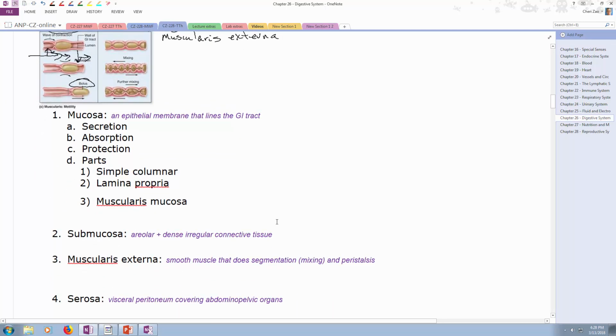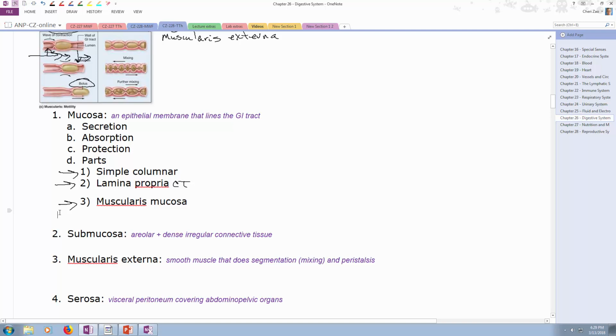Our definition of mucosa: an epithelial membrane that lines the GI tract. It's going to have an epithelium, it's going to have CT, and it's going to have this muscularis mucosae, which is what type of muscle? Smooth muscle. We're in the GI tract, so it's all smooth muscle once you get into the stomach. We'll talk a little bit about the esophagus construction, which is a little bit different, in just a moment.